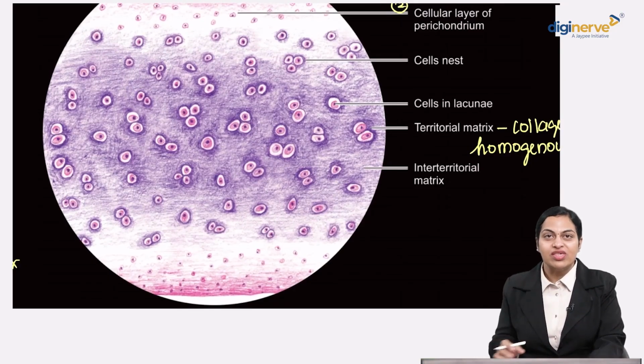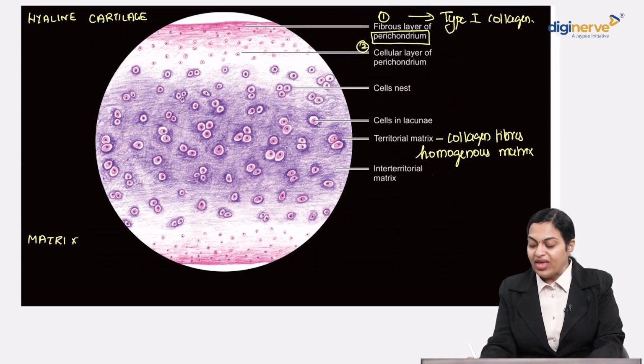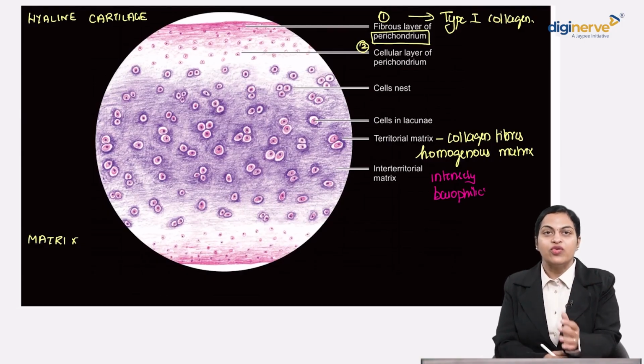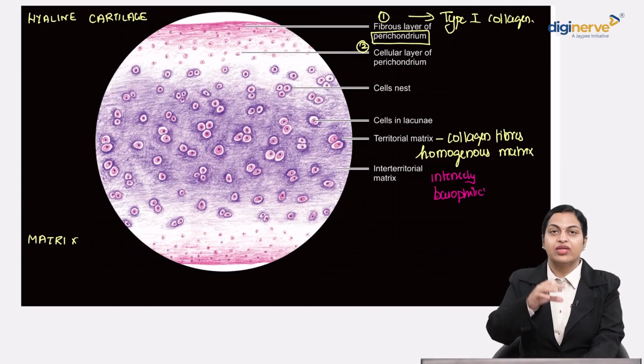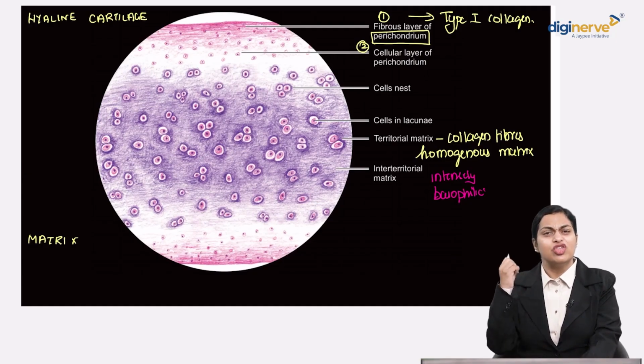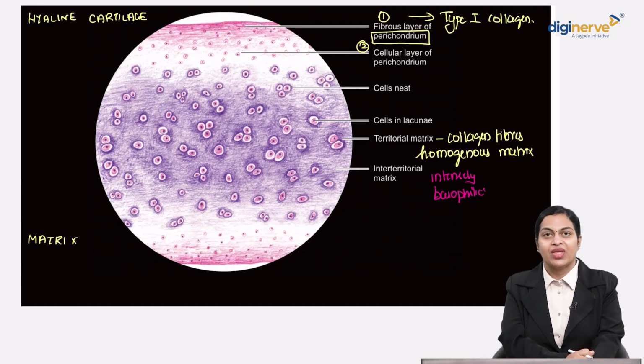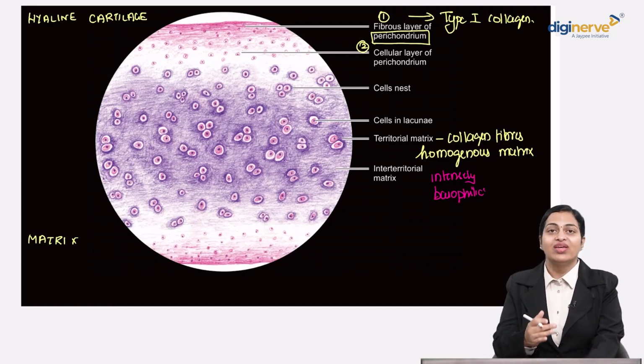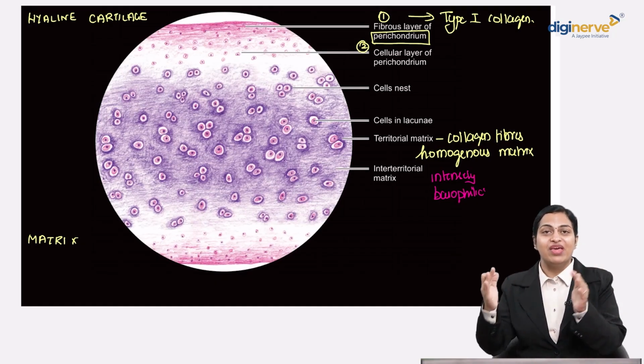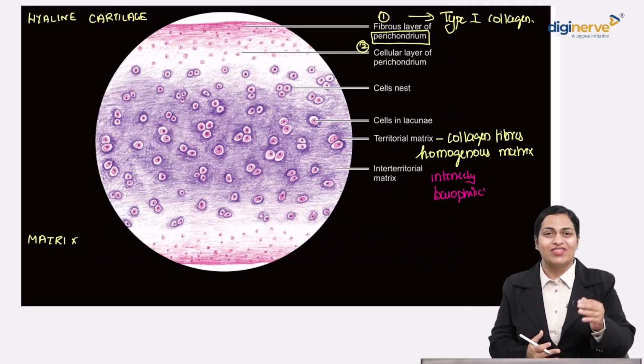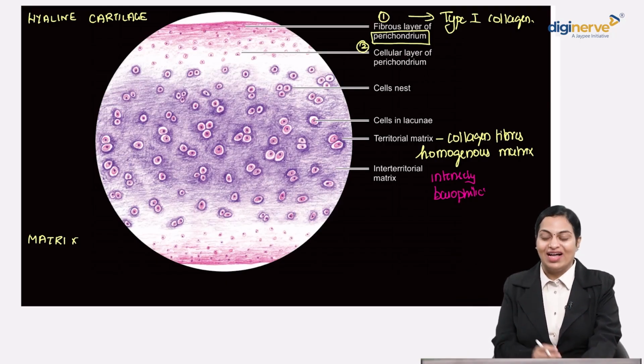It is bluish. We call it an intensely basophilic matrix. Why so? Because the chondrocytes are surrounded by the newly formed matrix, which is rich in proteoglycans. That gives it a bluish hue, right? So we call it an intensely basophilic homogeneous matrix, very characteristic of hyaline cartilage.